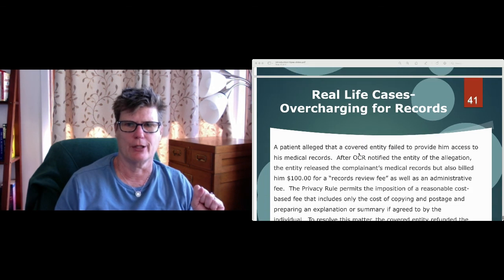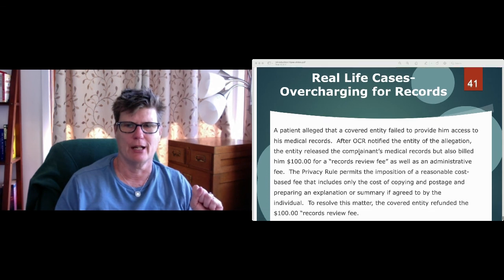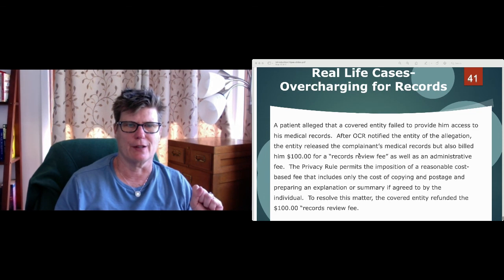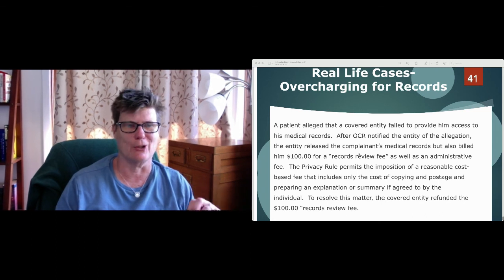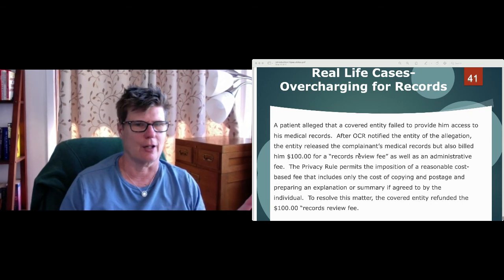There was another one where there was a charge of $100 for a records review fee as well as an administrative fee, and what the privacy rule says is you can include the cost of copying and postage, and it's a reasonable cost-based fee. So you can't just say, oh, it's going to be $100. You have to say it's 10 cents a copy or something like that.